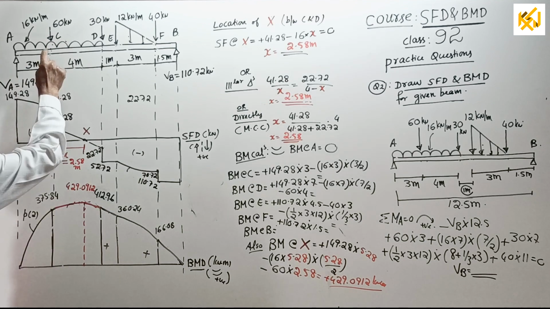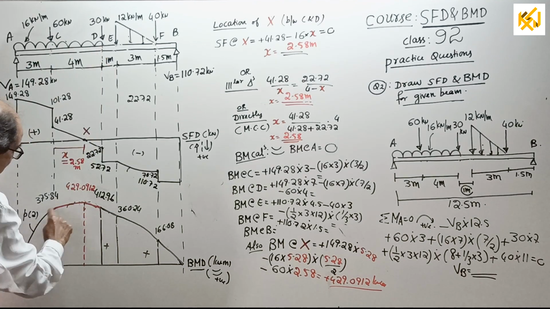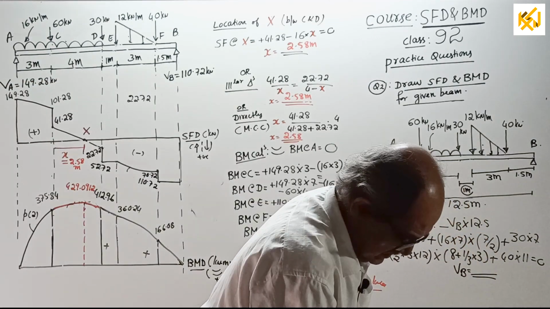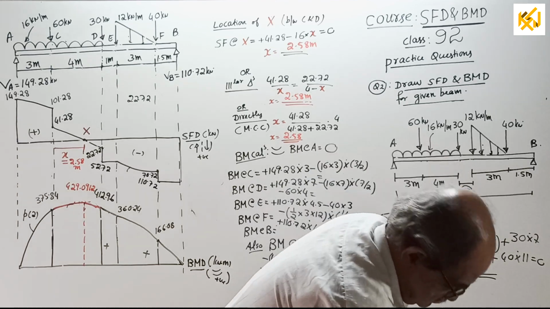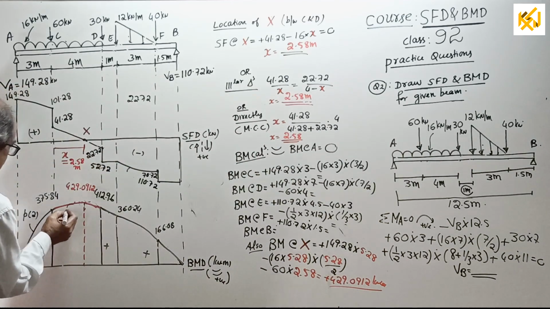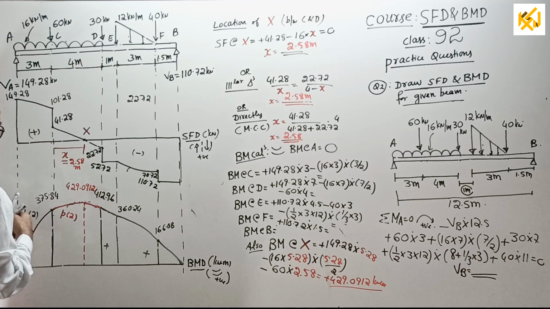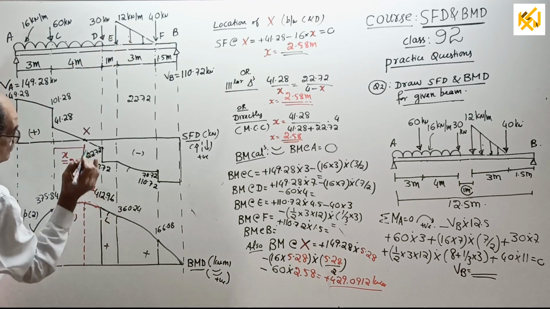Okay, now, C to D. See this full, from C up to D, single curve, and that red color is single curve. This full will be parabola of second degree only. Why? UDL. Then D to E will be linear.